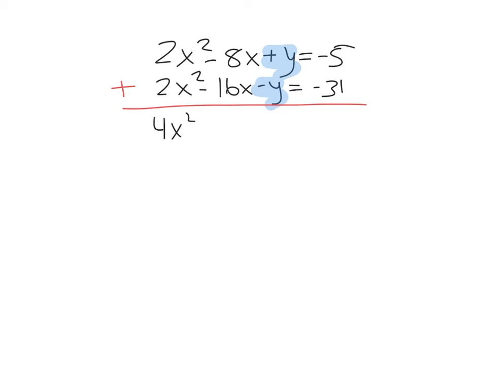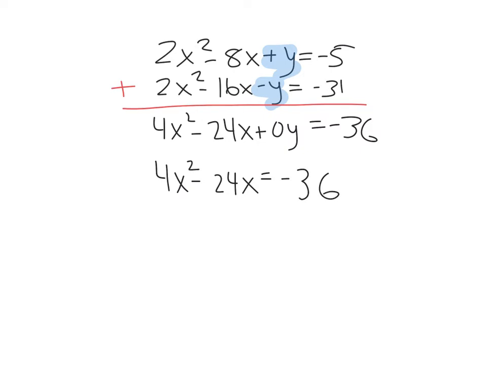Then the negative 8x minus the 16x, that's going to give us a negative 24x. And then the y's, yes, they zero out, so you have your 0y, so they're going to go away. And then negative 5 plus a negative 31 is a negative 36. So you're left with this right here after you get rid of the 0y.